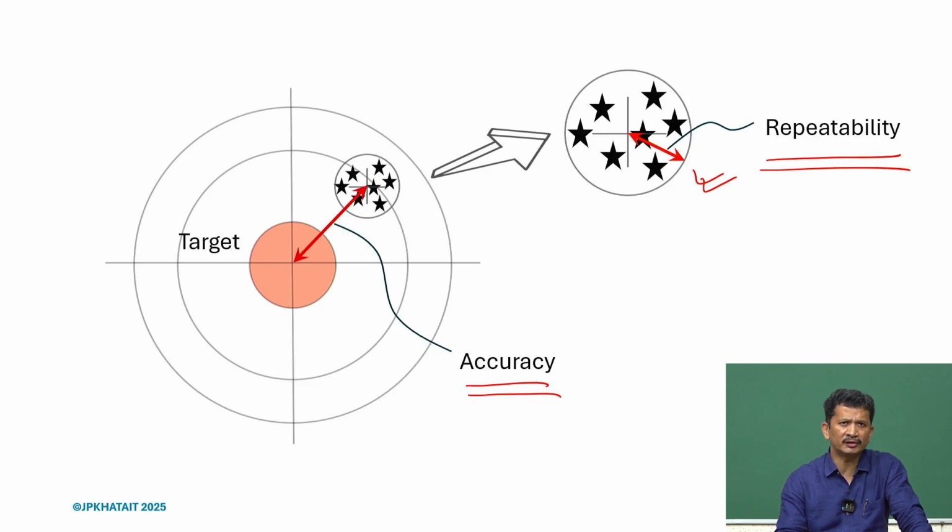We also understand that accuracy we can always compensate, but repeatability is very important, and if the repeatability is large, we cannot make very accurate systems. So that's why in this course we'll focus on the repeatability part and how to achieve it.